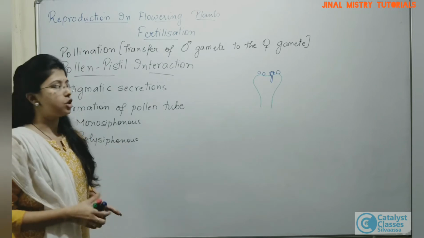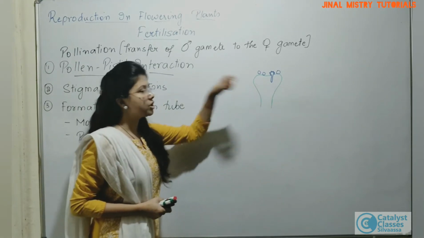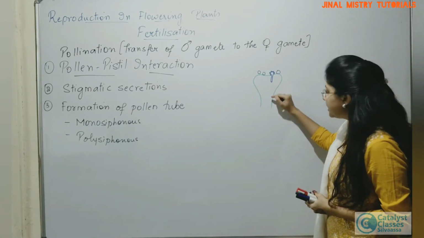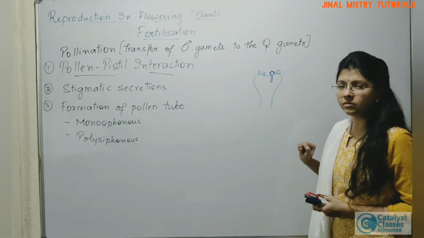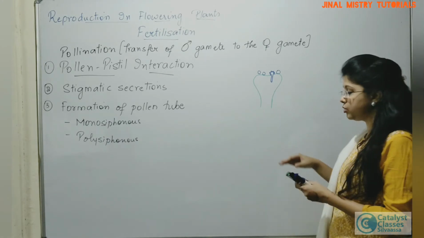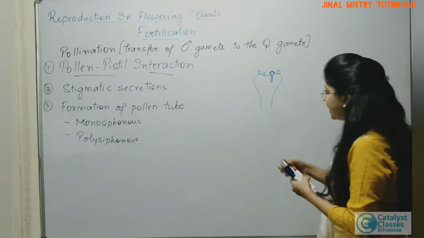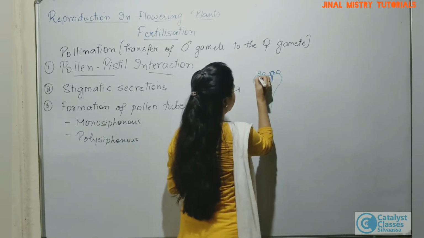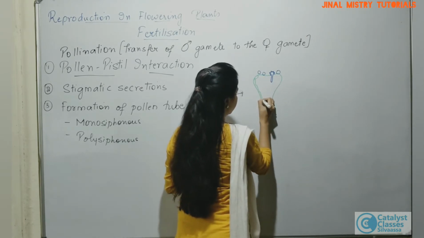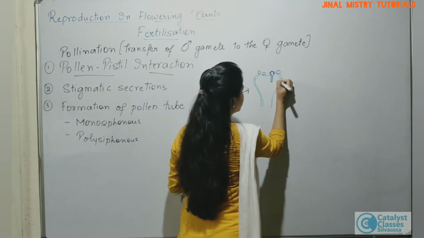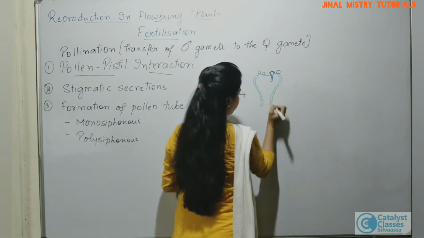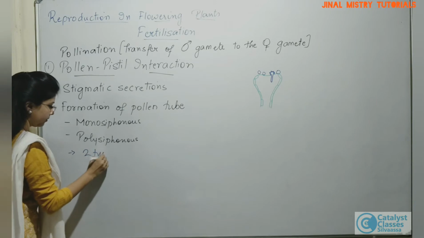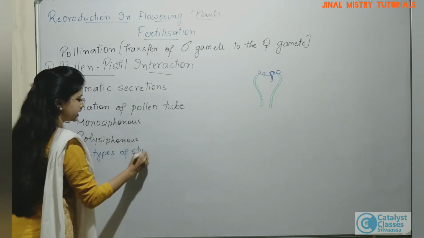Now, once the pollen tube formation has started, the pollen tube passes through the stigma and style, and further reaches the female gamete, which is present inside the embryo sac. Now, when we talk about style, there can be two types of styles.